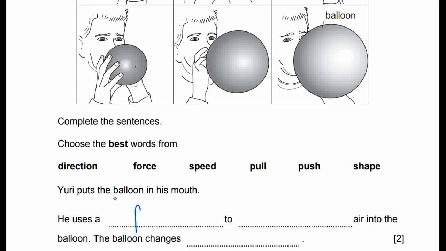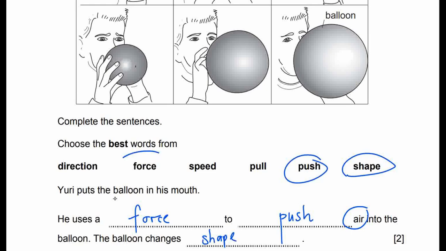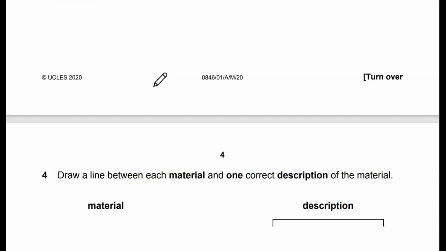He uses a force to push air, because it's air, so push air into the balloon, and the balloon, of course, changes shape. So push and force. Okay, next, we go to number 4.